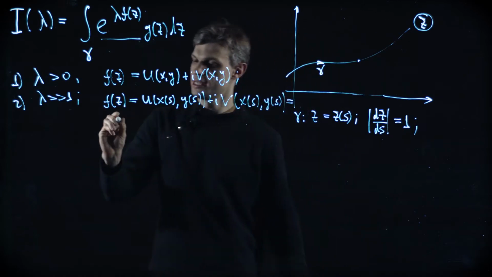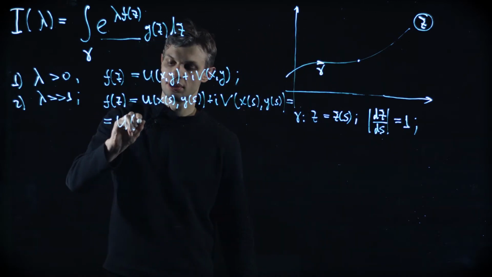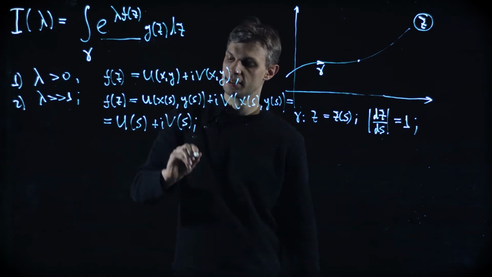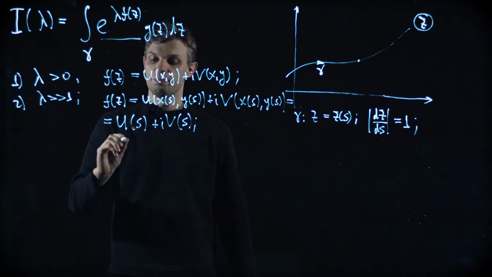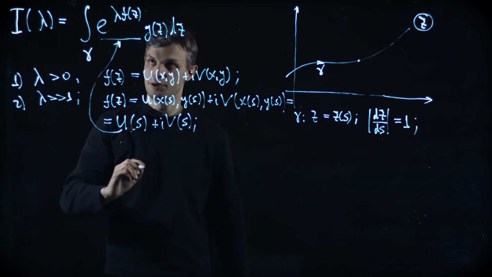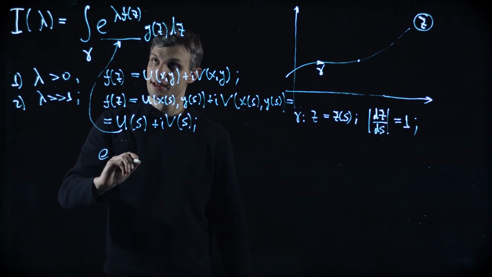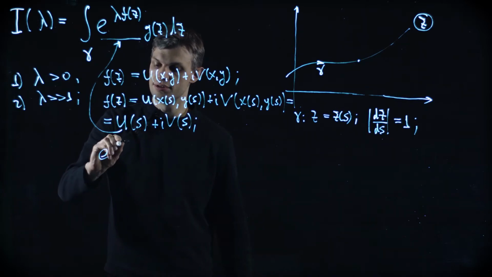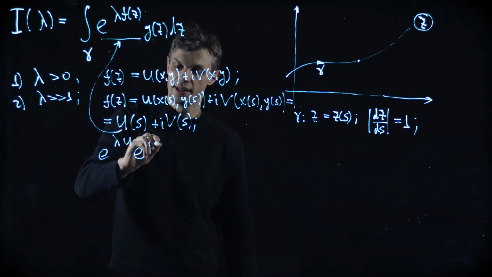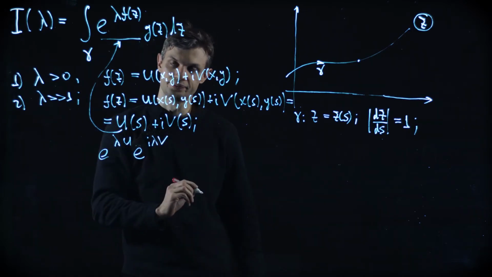Effectively it's just u of s and v of s. Now we plug this decomposition into our exponent. So what we have here is e to the lambda u times e to the i lambda v.